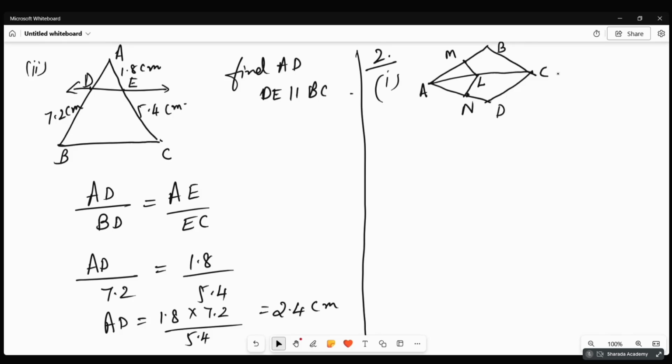Now EF. This is the third question diagram.